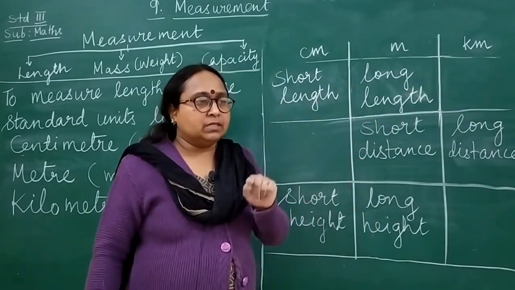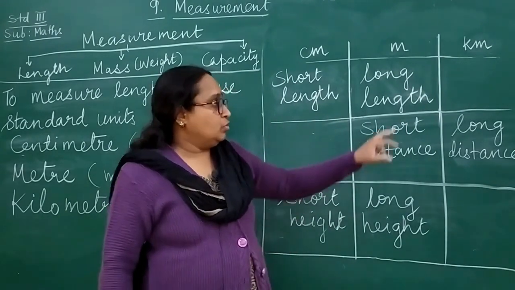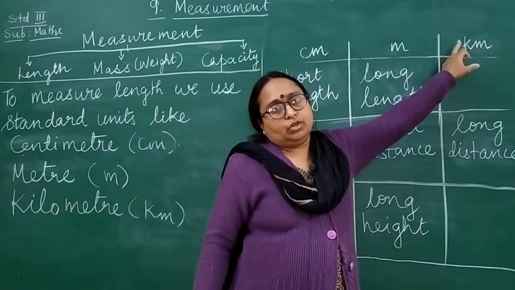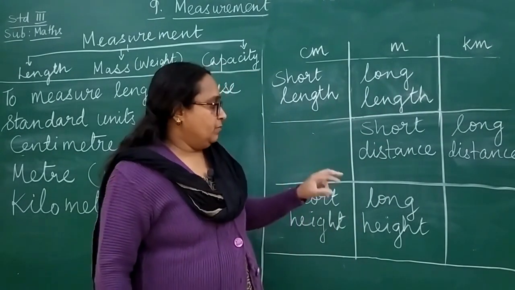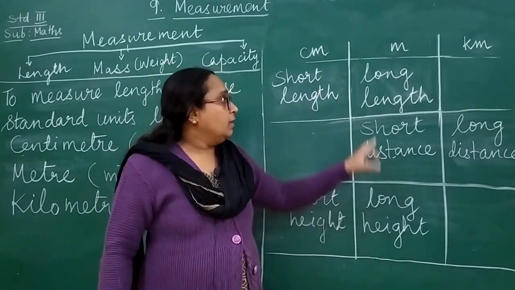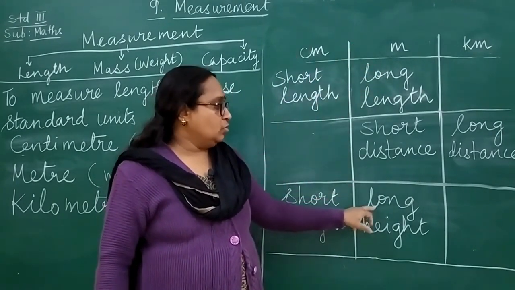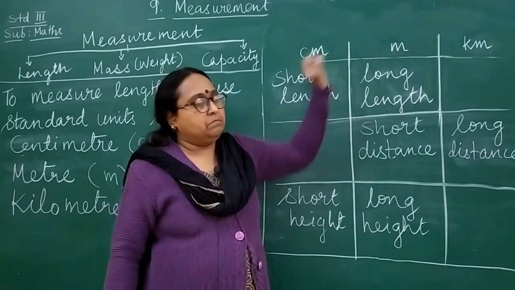Say the distance between your house and the railway station is 1 kilometer, the unit you use there is kilometer. When you say how tall the tree is, you use meter. The tree is say 4 meter tall, so you use the unit meter.